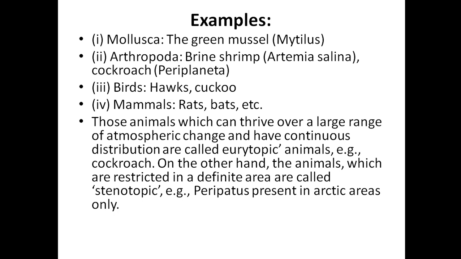For example, a stenotopic animal which has a very restricted distribution is peripatus, which is found only very close to the Arctic region, not in the temperate or tropical conditions.